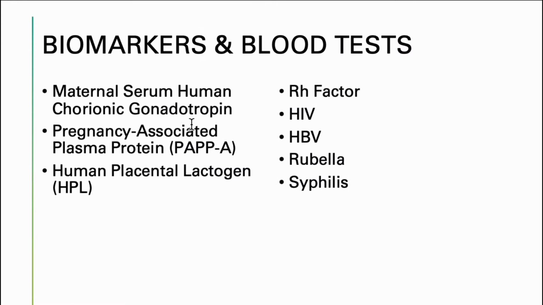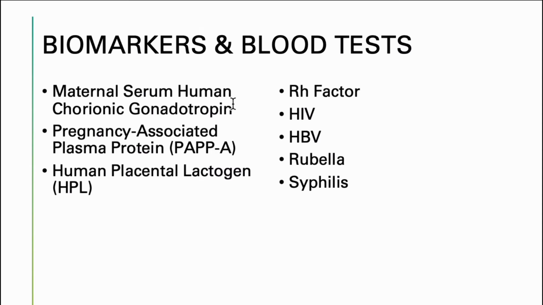What are we looking at now in terms of biomarkers and blood tests? One of the things you look at is the maternal serum human chorionic gonadotropin, or HCG. If you've ever had a pregnancy test where you urinate on a stick, or dip the stick in urine, that's what it's testing for: human chorionic gonadotropin.